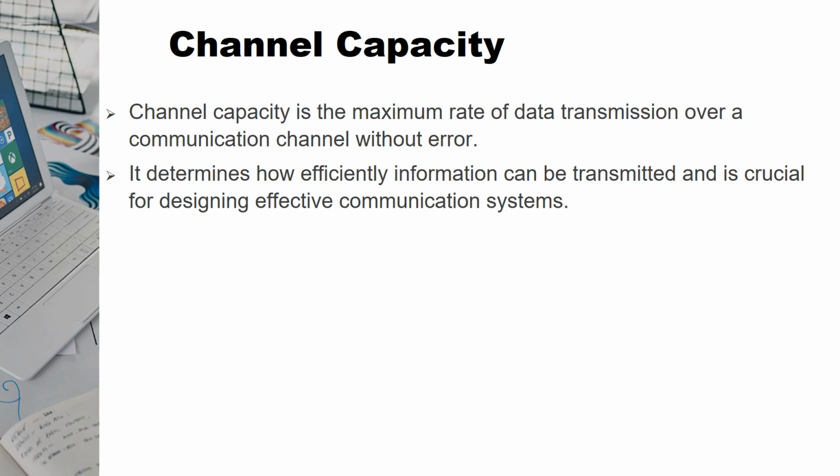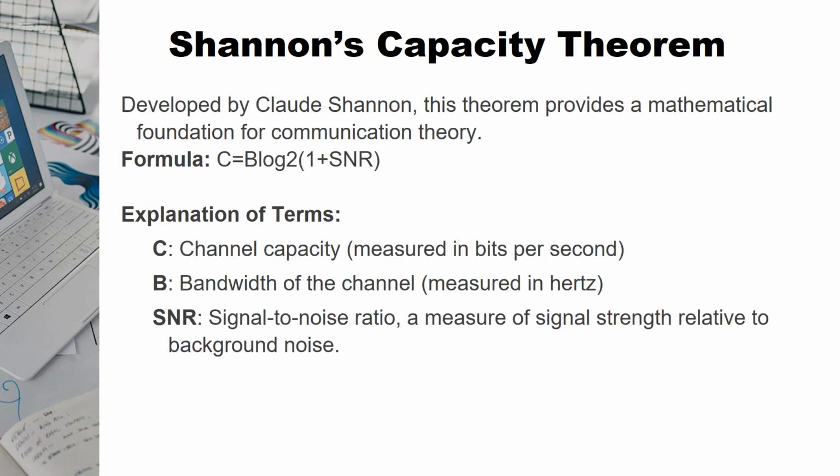So this capacity is vital for determining how efficiently data can be sent. Then Shannon's capacity theorem is a mathematical formula to determine the channel's maximum data rate. And the formula is given there.